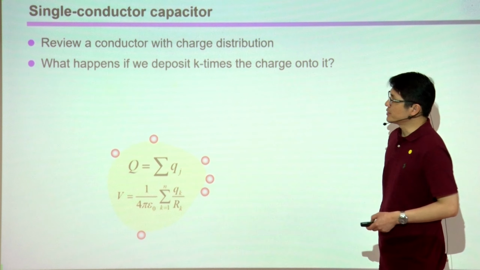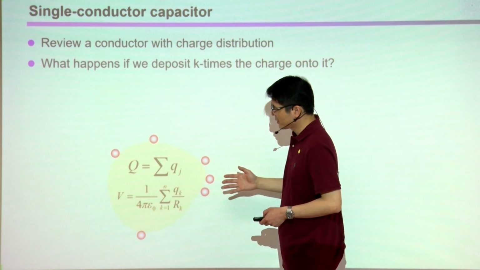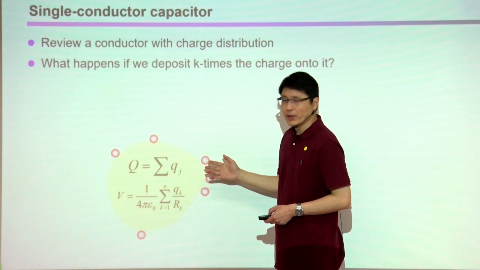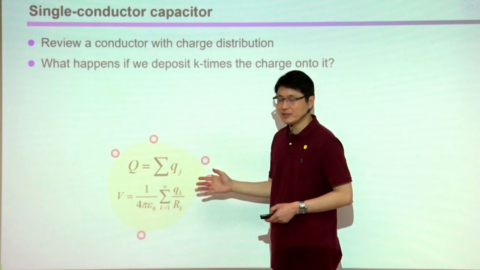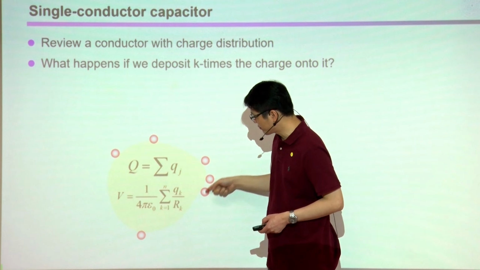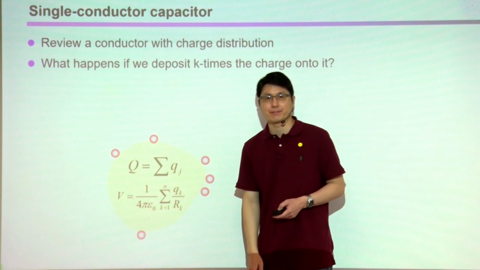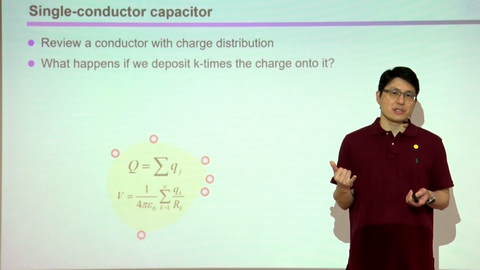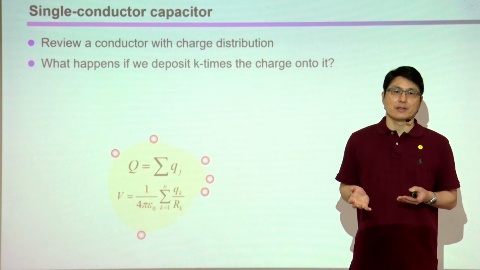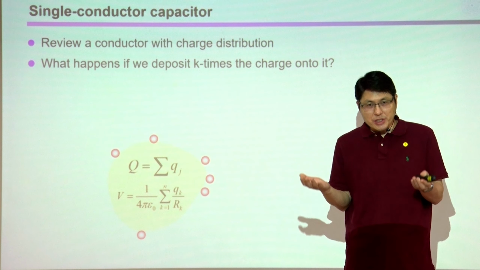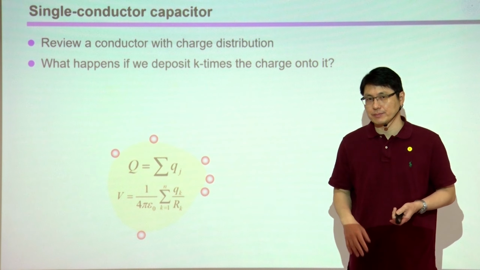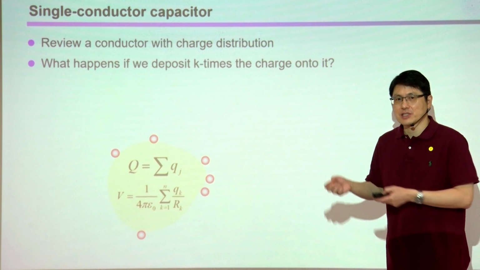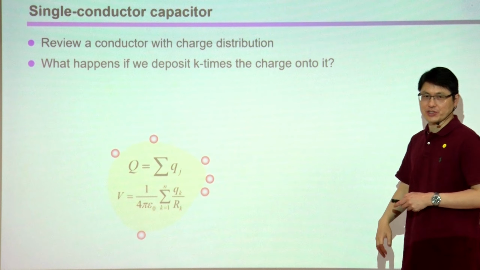So the next question is, well, if you have a friend who's very naughty, so now you have 1, 2, 3, 4, 5, 6. Now you have 6 charges, right? So the 6 charges together gives rise to certain electric potential. And your friend is donating another 6 charges.